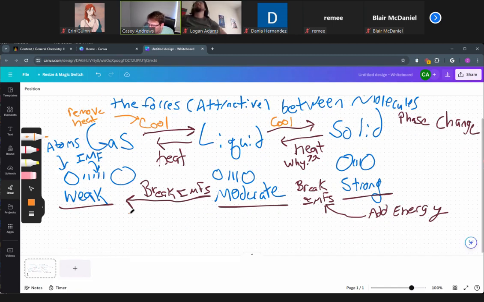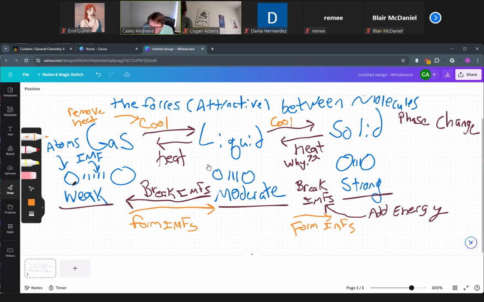And the reason for that is the opposite of what we just talked about. I need to form intermolecular forces. So if I'm going from a gas to a liquid, I need to form new intermolecular forces.